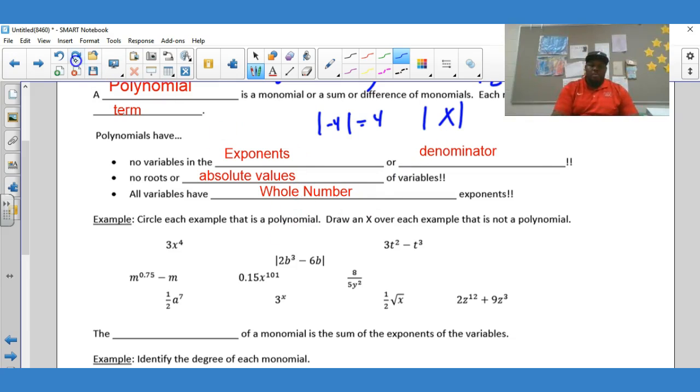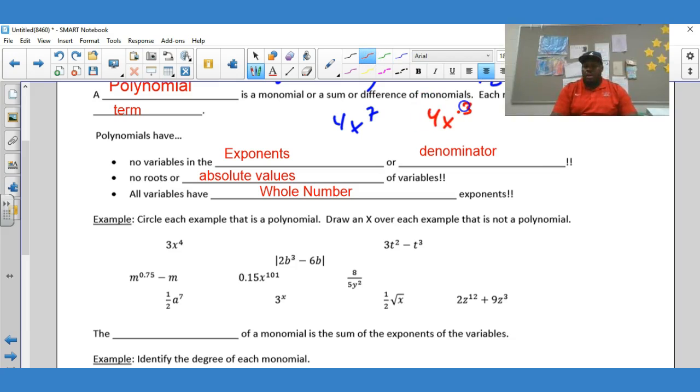And all the variables have whole number exponents. Whole number exponents, meaning 4x to the 7th would be part of a polynomial. Something like 4x to the 0.3 is not part of a polynomial.